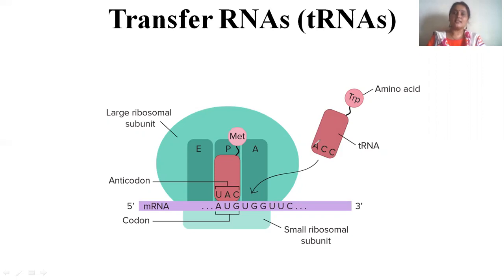Now let's understand about the ribosomes and rRNA. You can see from the figure, two different subunits are involved in the translation process, the large subunit and the small subunit. Now these subunits have two functional domains. The first domain is known as the translational domain, and the second domain is known as the exit domain.